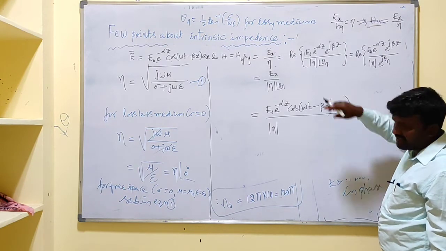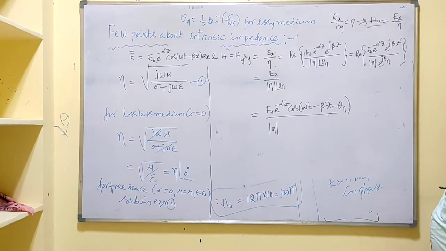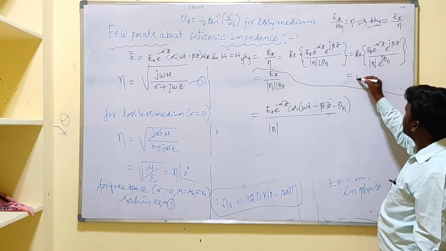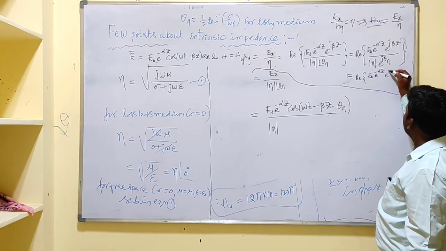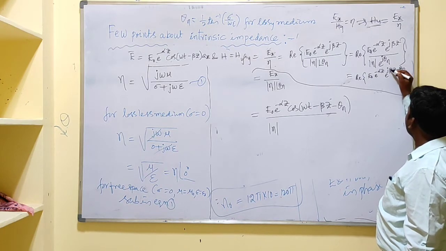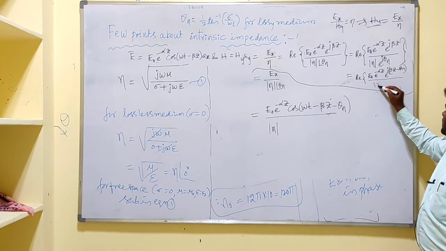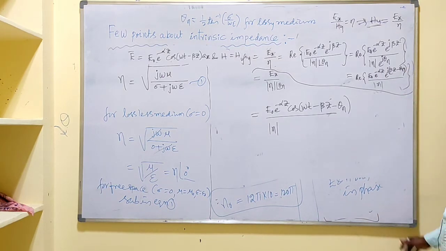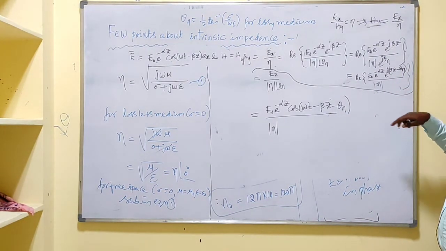It is not theta n, sorry, it is theta eta. Finally, this simplified form is the real part of E naught e to the power minus alpha z e to the power j beta z minus theta eta by mod eta. Real part is cos of beta z minus theta eta.